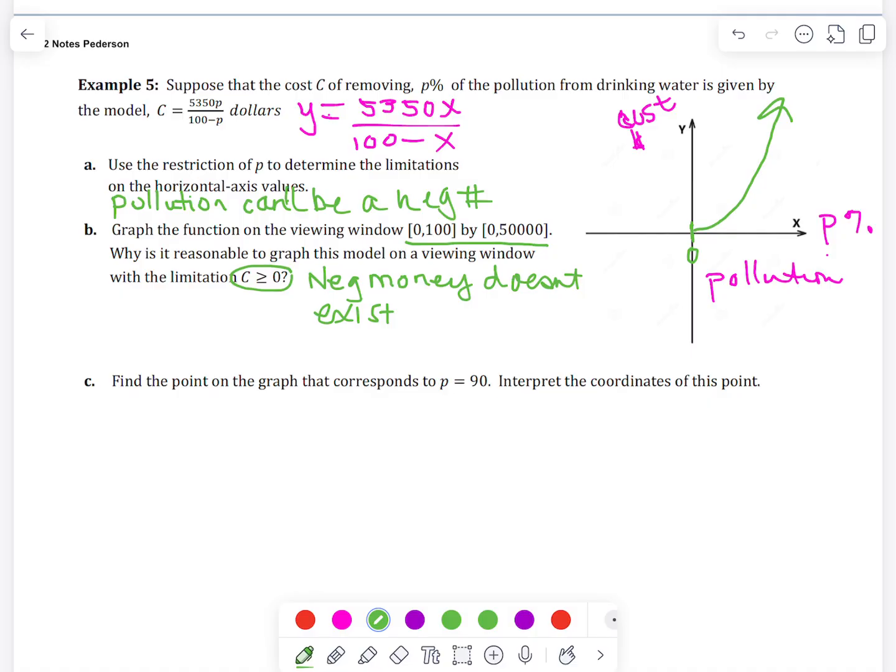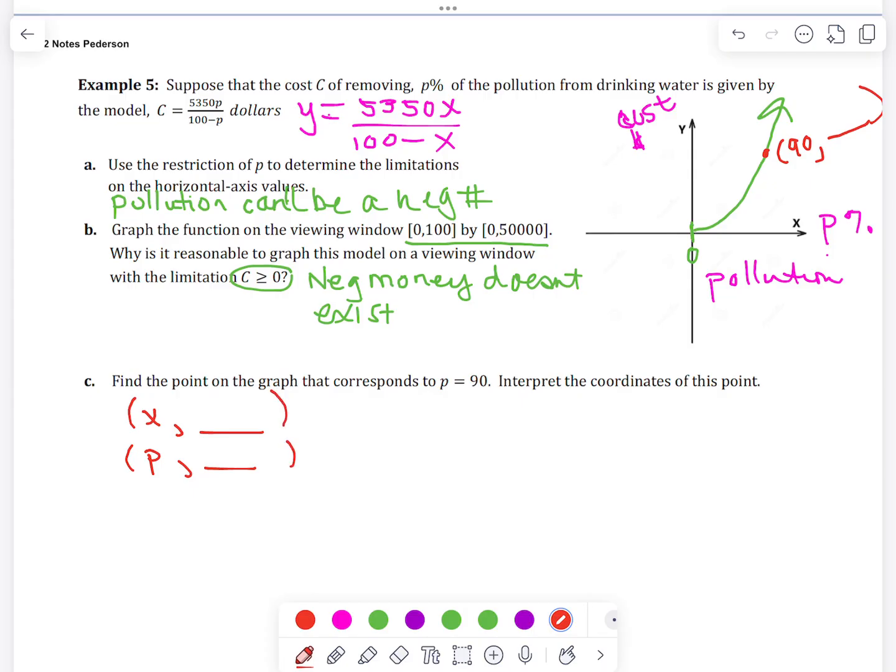Part C, find the point on the graph that corresponds to P equaling 90. So here is 90 somewhere over here. We want to find out what that number is, and then interpret what that P represents. So think about x is the same thing as P. And what is that number?